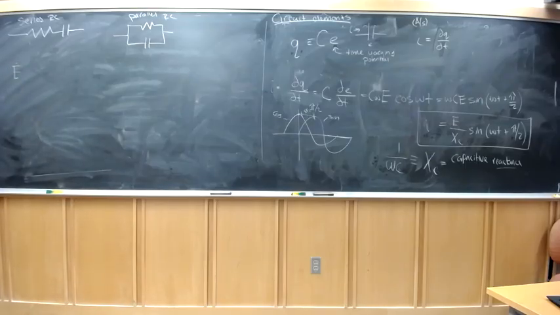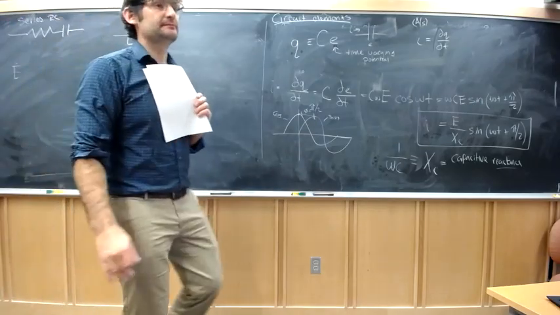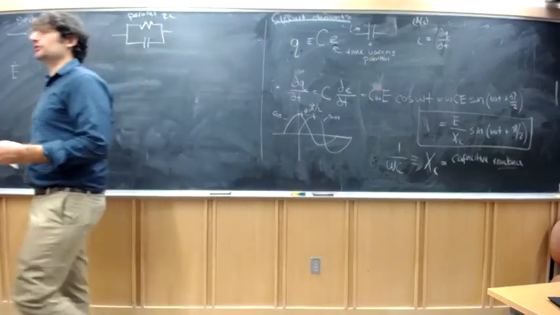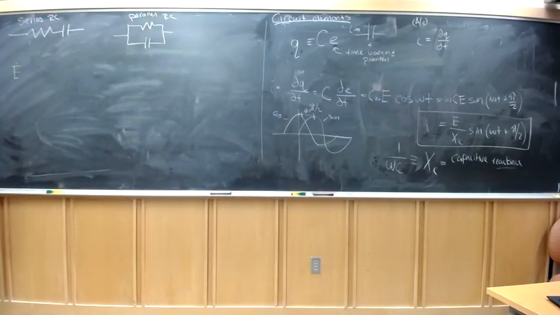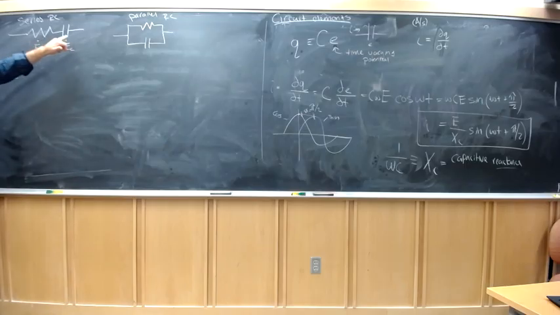So E, imagine I have some total time-varying potential modulation that's acting on this circuit, okay? I'm going to have some potential that's going to drop over the resistor and some that's going to drop over the capacitor, right? Because they each have an impedance or a reactance, so an AC equivalent of a resistance.